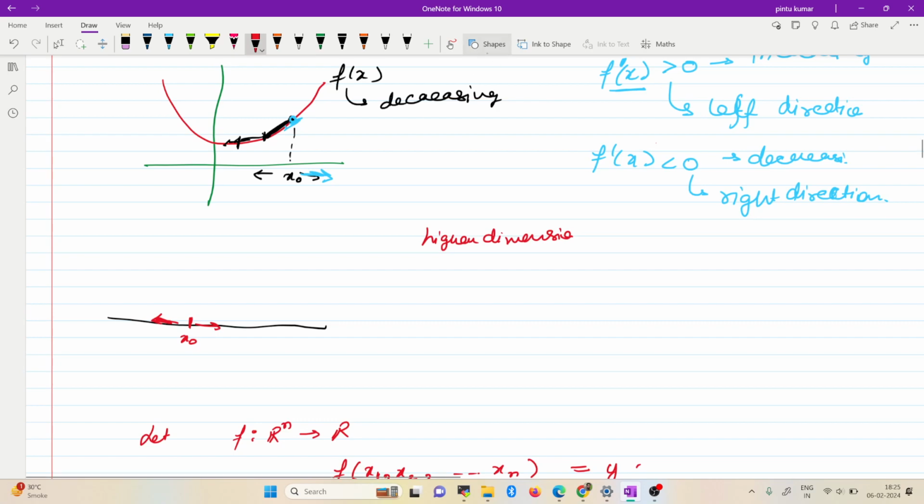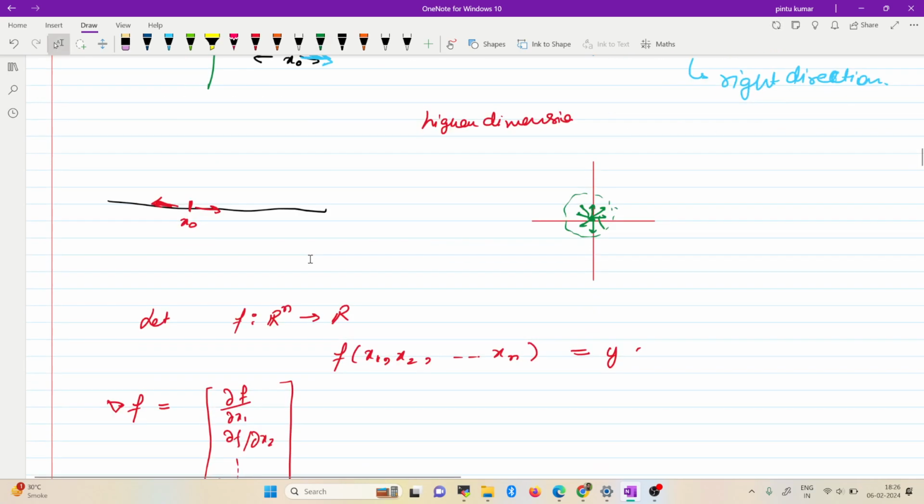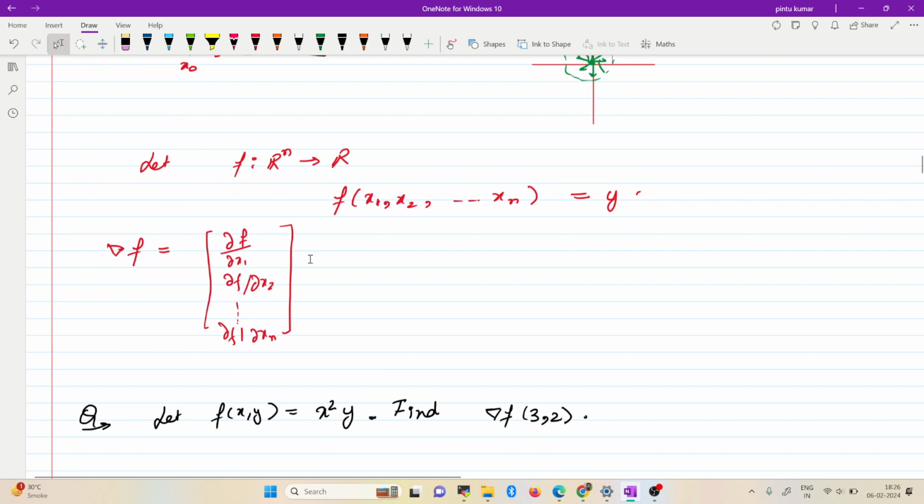Now, if you have a two-dimensional plane and you are standing at this point, then you have infinitely many directions to move in. You can move here, here, here, here. So now you have to choose from infinitely many directions which direction you want to go. Towards that, we have something called the gradient.